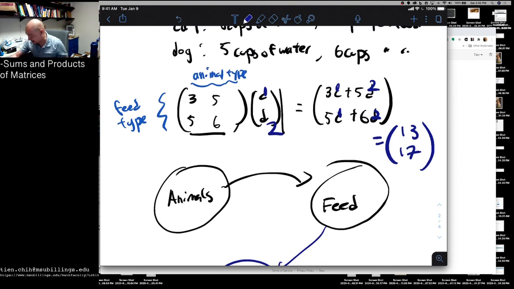But the point is that we multiply it this way because both cats and dogs contribute to the amount of water needed. Both cats and dogs contribute to the amount of pet food needed. So our product structure here should capture that, right? It should have a component that's part cat and part dog, part cat and part dog.